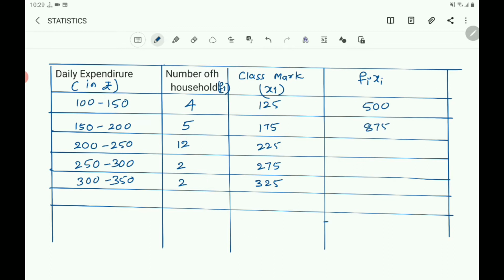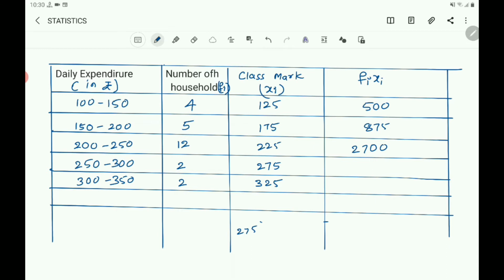Next, 225 into 12. 12 fives are 60, and 12 twos are 24 plus 6, 30, and 12 twos are 24 plus 3, 27. You will get 2700. Next, 275 into 2, that is 550.